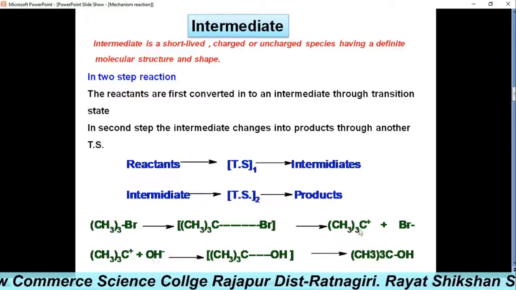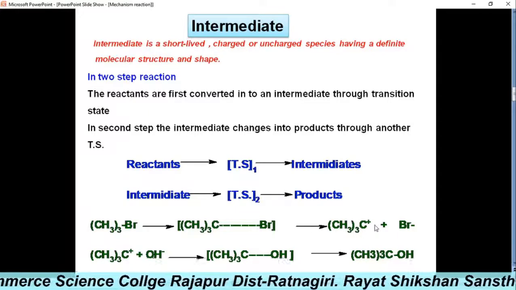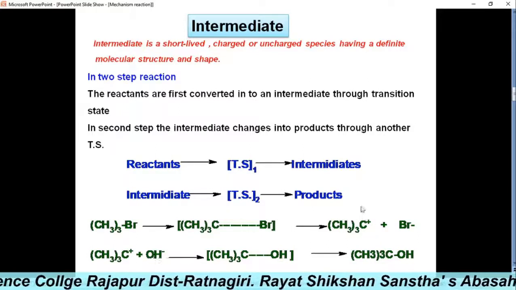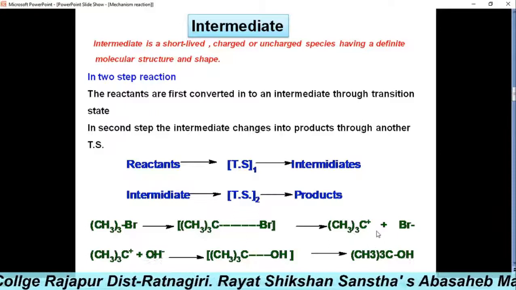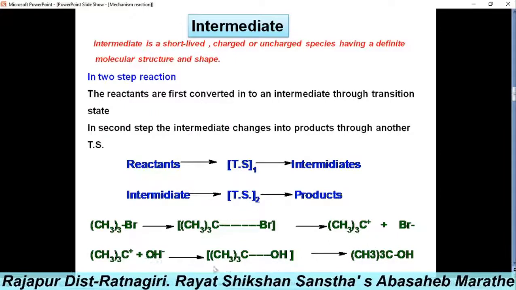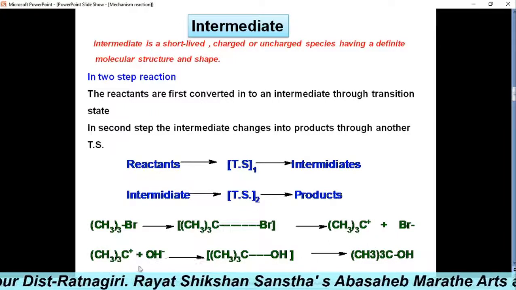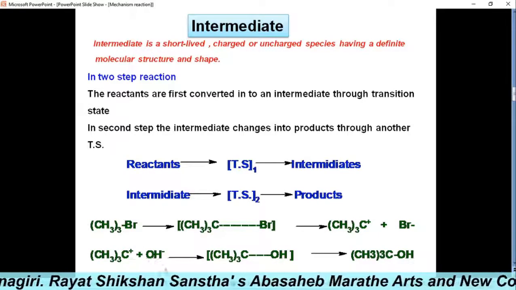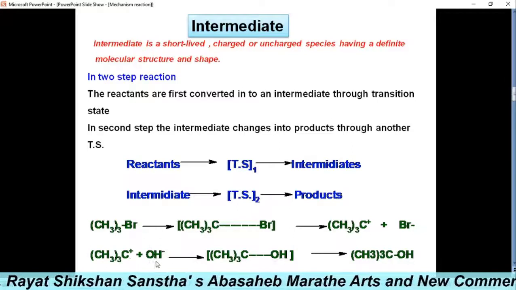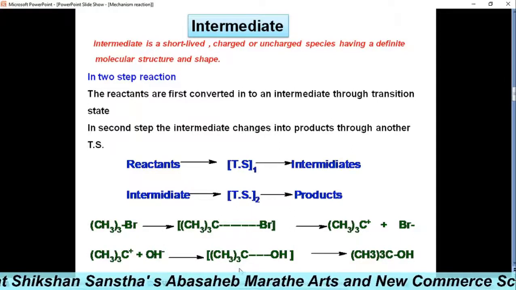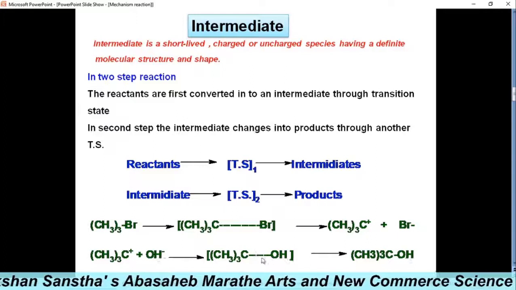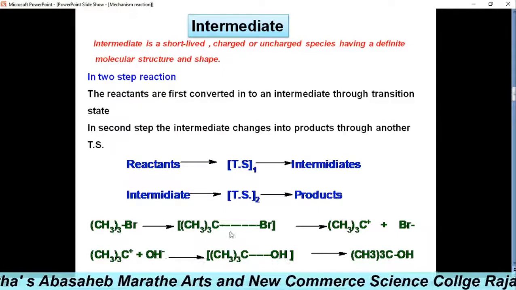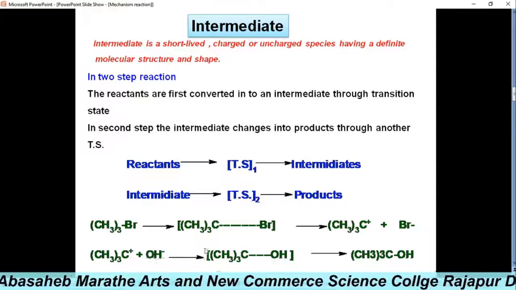This tertiary butyl carbocation is more stable. This is the first transition state. Then what happens? To this tertiary butyl carbocation, the nucleophile OH minus attacks and we get a partially formed C-OH bond. This is the second transition state.